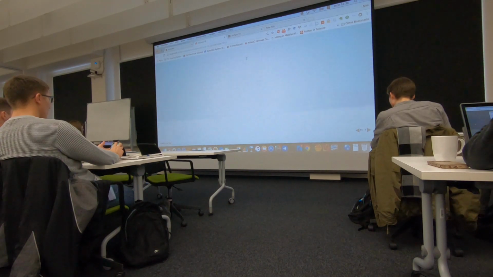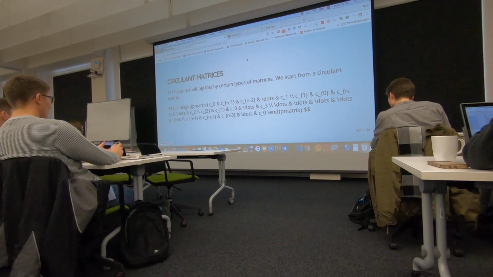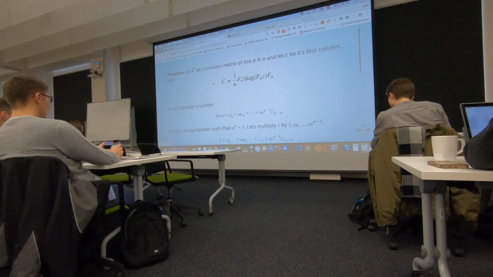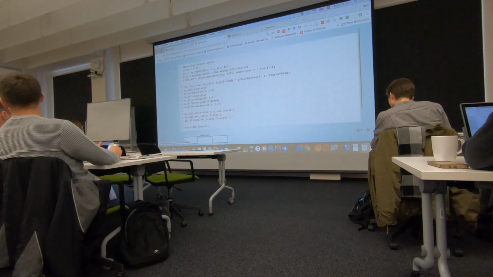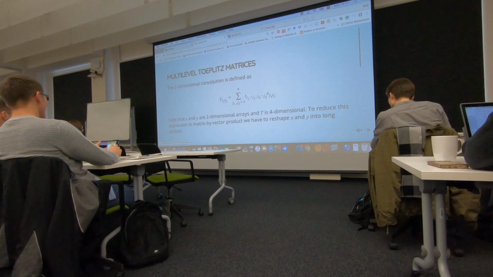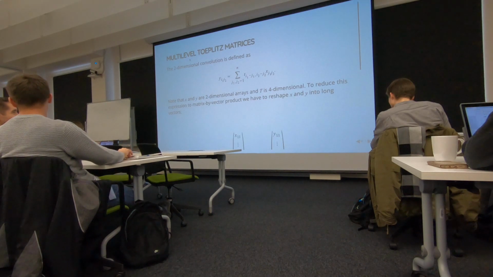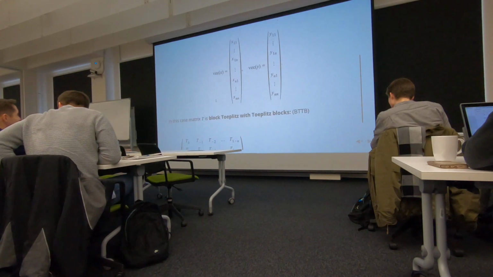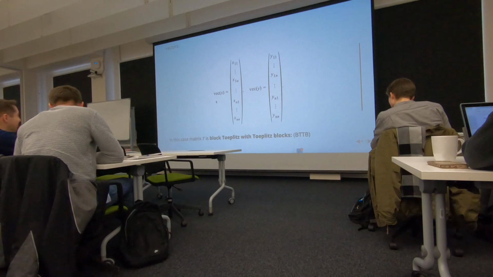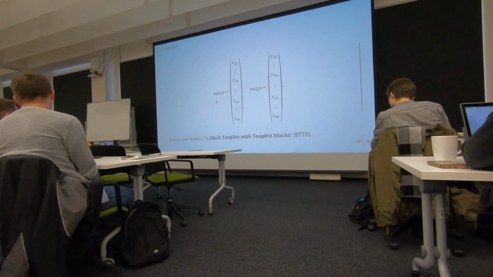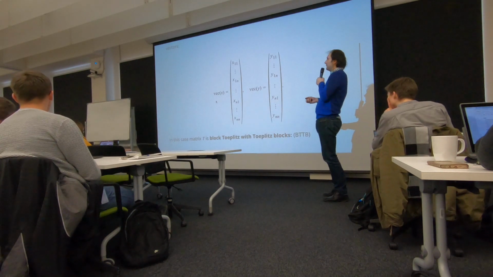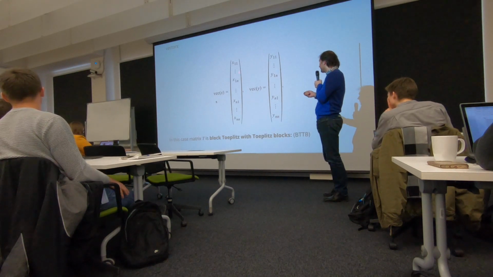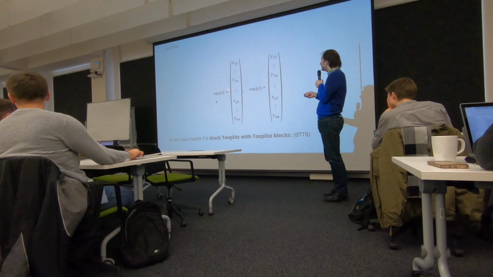Let's quickly get back to where we were. Okay, we're here. If you want to write this down as a matrix by vector product, we do an unfolding of the two-dimensional input signal into a vector.